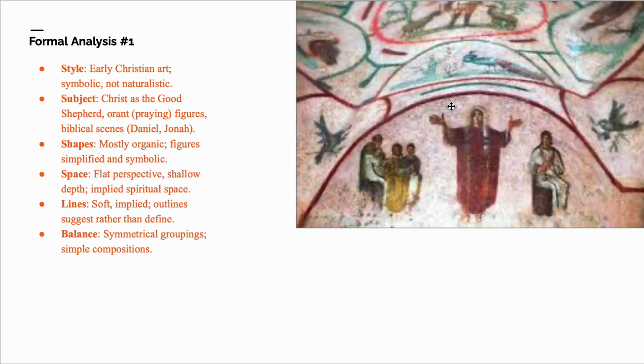The balance was symmetrical groupings with simple compositions. They did a really good job here blending in the colors with their lines and shapes. It looks like they had a teal with a blue involved in this painting.